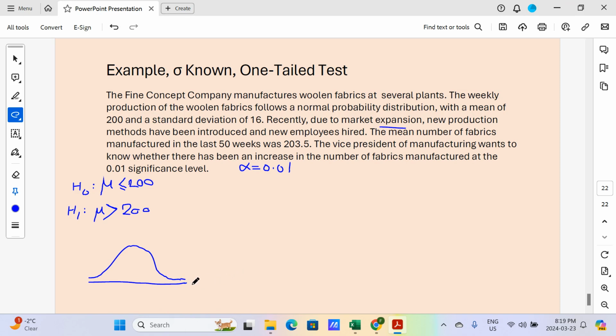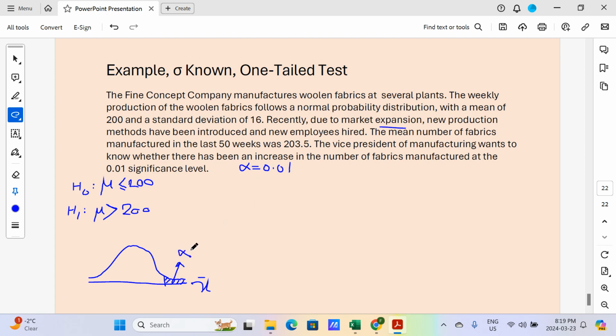So look at here, it's the distribution of X bar, and the rejection region is on the right side. It's on the right side tail, and we know that the area of this tail rejection region is alpha.